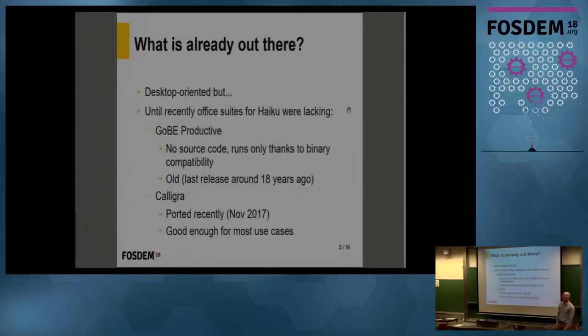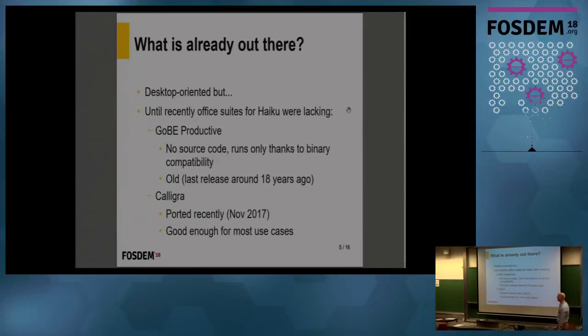There is GoProductive, but the problem is that it was commercial, proprietary, and closed source, and we don't have the source code. It runs on Haiku only thanks to the binary compatibility, and it's really old. The last release was around 18 years ago, and so it doesn't support any of the modern formats.